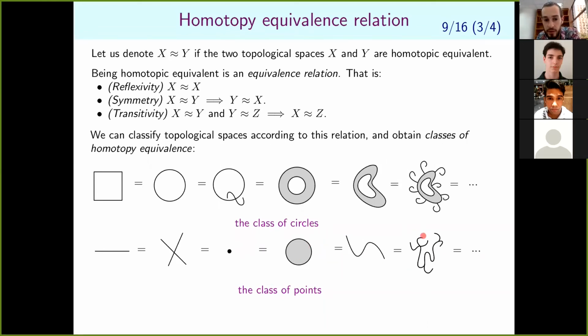Any line. This is another example where I take a line and I put some branches. And to show that this is homotopy equivalent to a point, I can start by retracting the little branches, the little hair. Then I obtain a simple line, and this is equivalent to the point.